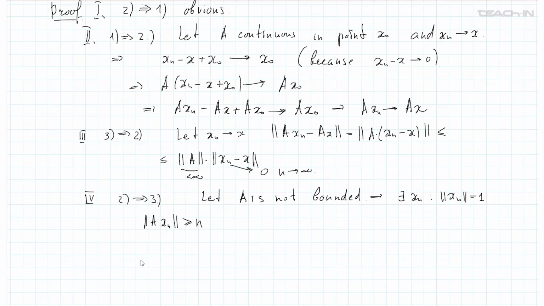Then define yn as xn divided by n. Then we know that the norm of yn equals 1/n and tends to 0. So yn tends to 0, but the norm of Ayn is not less than 1.